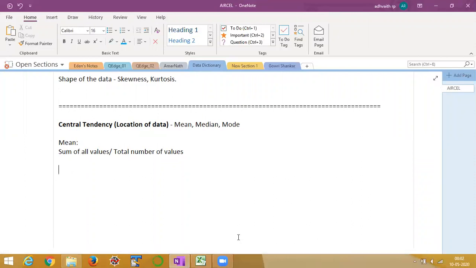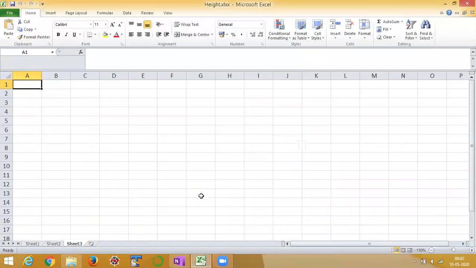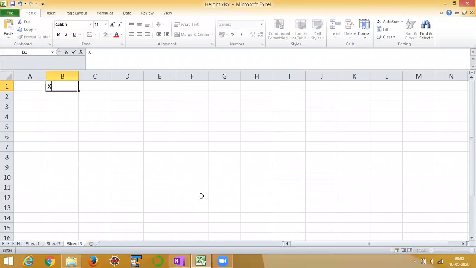Let's say my random variable is some xi, or you can just call it x, nothing will be wrong. Your values will be called x1, x2, x3, small x. These are the positions of my random variable capital X. But what values go in these positions depends upon which column you are choosing.